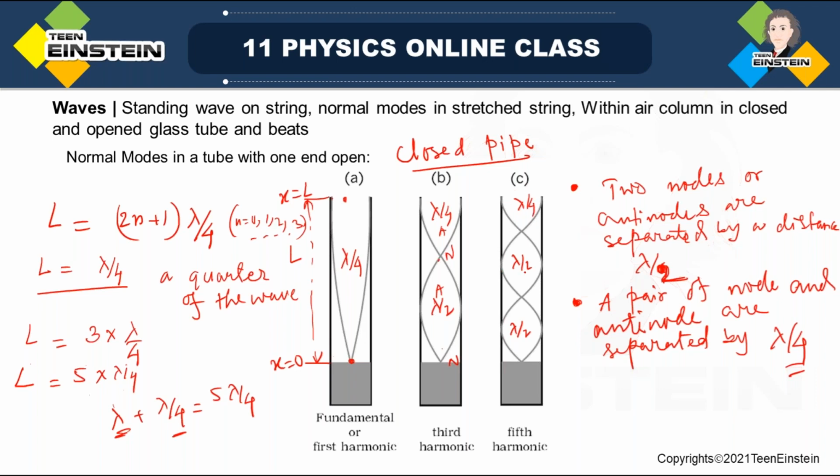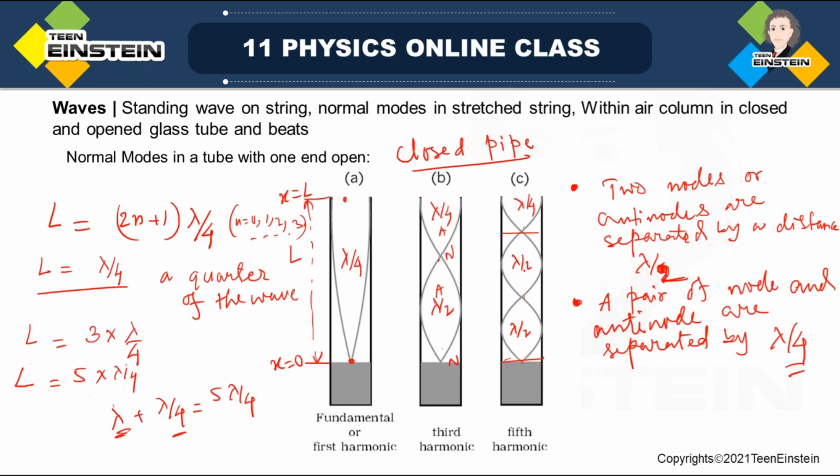This is lambda by 4 and this is a complete wave from here. There are 3 nodes, 1, 2 and 3, and in between there will be 2 antinodes. For a complete wave there are 3 nodes and in between them 2 antinodes.